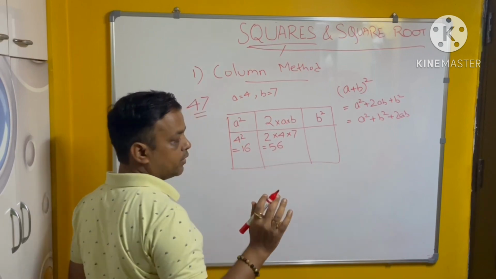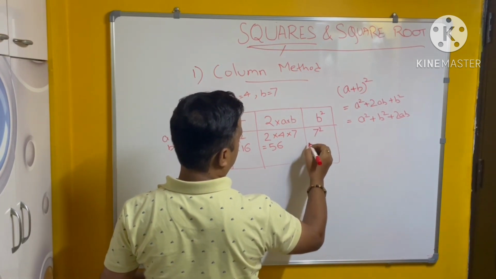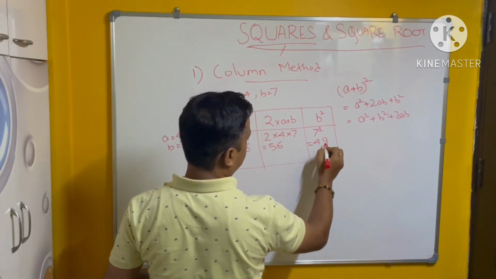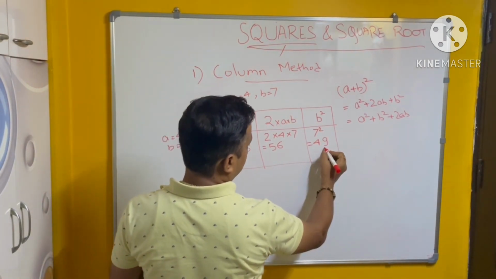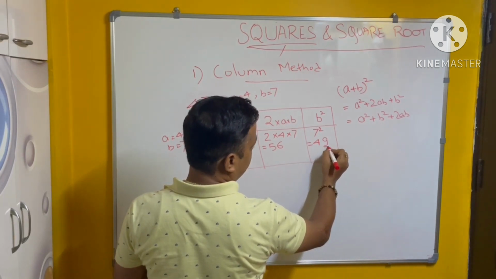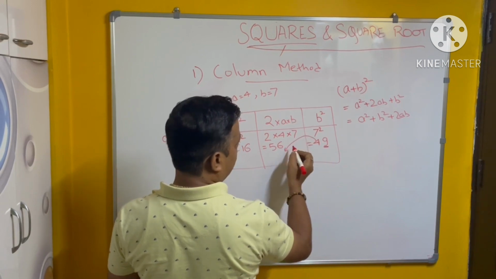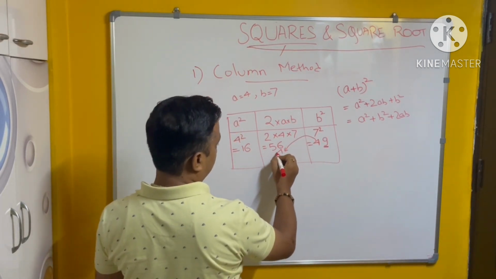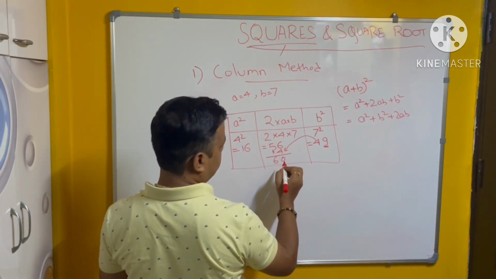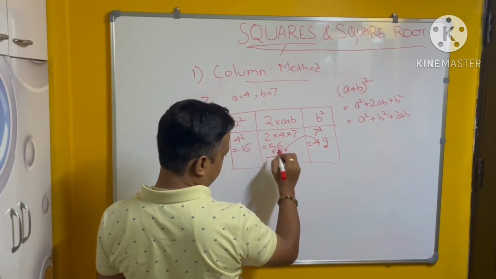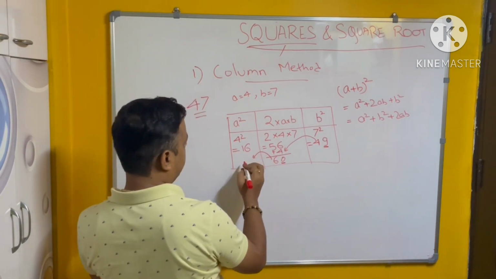56, right? Then b is 7, so this is 49. After this calculation, we need to take only the last digit over here, and the rest will carry forward to the next column. So plus 4, it will come 60. Again we keep this digit in this column and carry forward the rest, but here we consider the whole number.